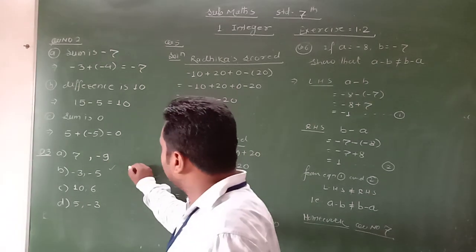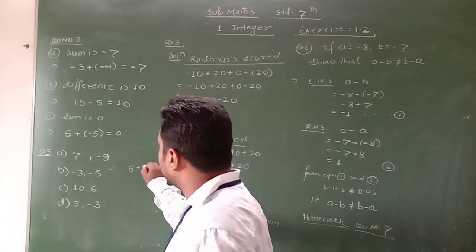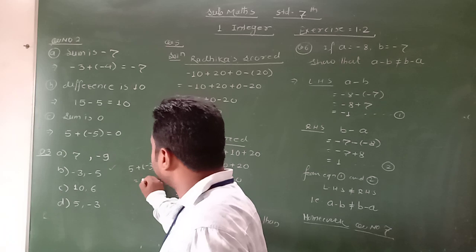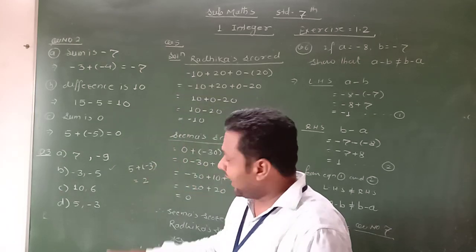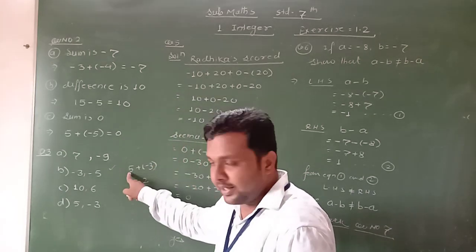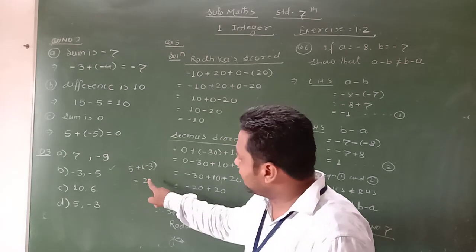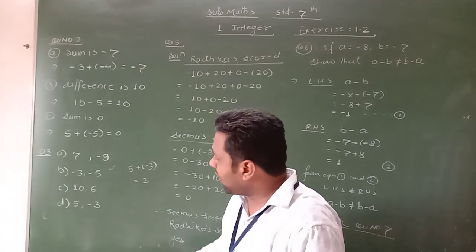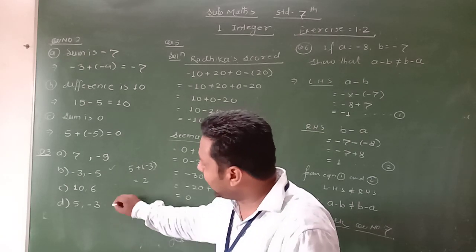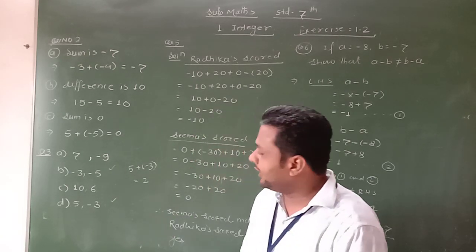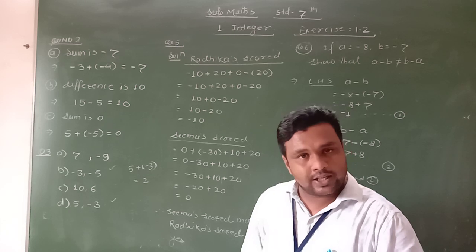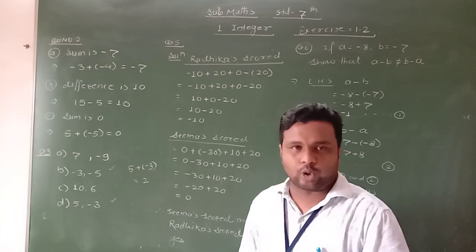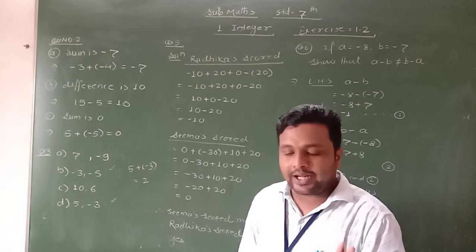If we add 5 and minus 3, the answer is positive 2. And this 2 is smaller than 5, one of the integers, and 2 is greater than minus 3, the other integer. Therefore, according to the given condition, I write the two integers 5 and minus 3. In this way, you can select other numbers also to fulfill that condition.